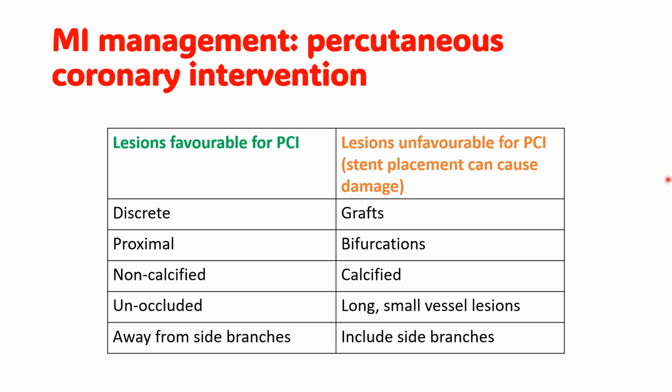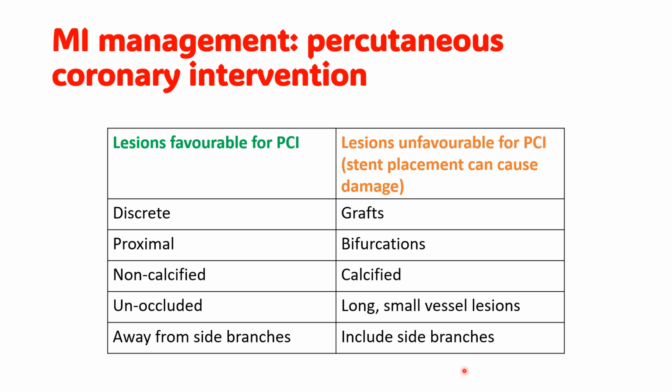And pretty much stenosis within pretty much any coronary vessel can be stented. But if it can't, then we can look at other surgical options such as a coronary artery bypass graft.